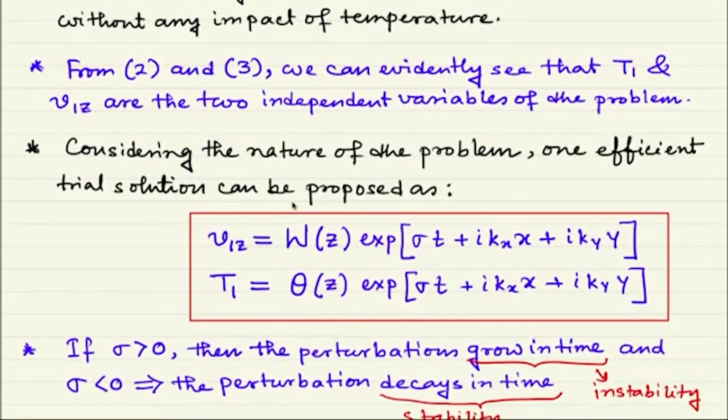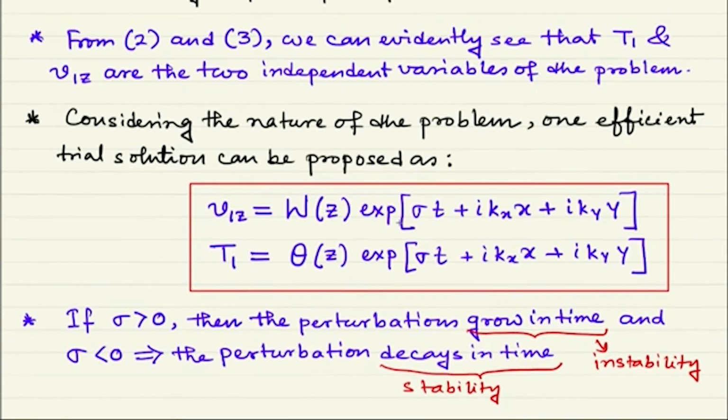There can be many possibilities, and people have done a lot of trial and error. You can go through the works of Subramaniam Chandrasekhar, who did a lot of work on the analytical part of Rayleigh Benard convection. There you can see a vast and detailed discussion to justify this type of equation, but here we are just saying that there can be many possibilities.